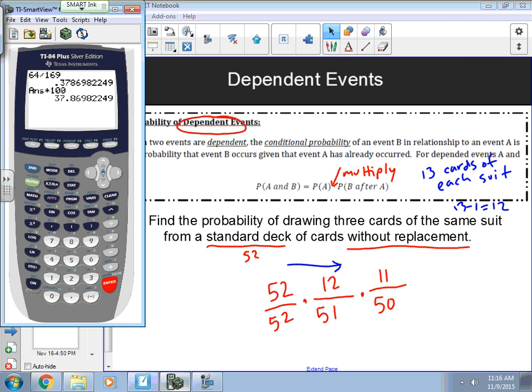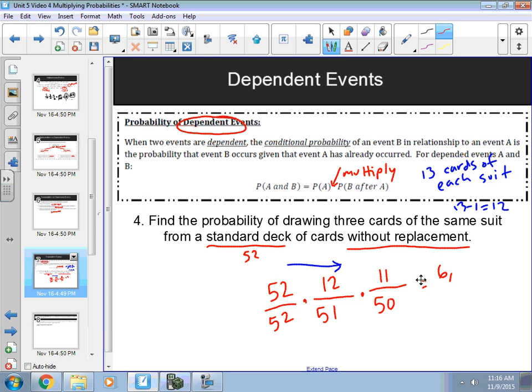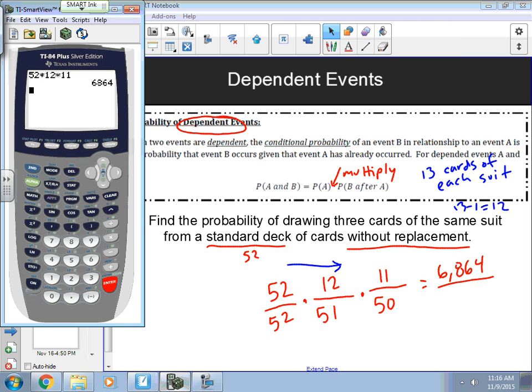So let's multiply all those together. So 52 times 12 times 11 is going to give us 6,864. And on the bottom, now we got to multiply those together. 52 times 51 times 50. And we get this.